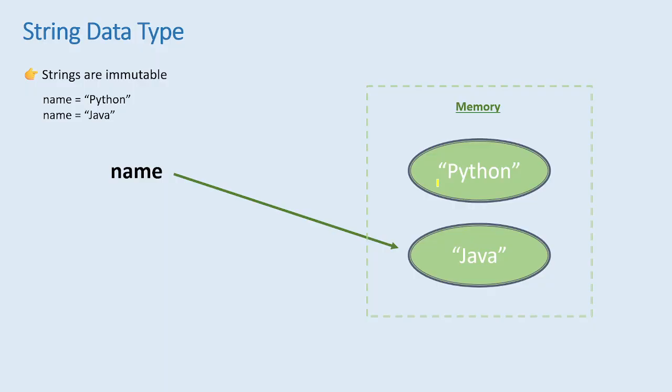Even though we have assigned a new value to this variable name, the old string object remains the same. It remains unchanged. That is why strings are called immutable. Reassigning a variable creates a new string object. It does not modify the existing string.